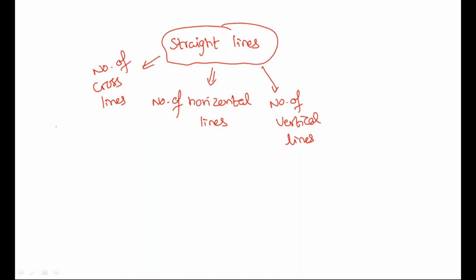Using this, you can find the number of straight lines for any diagram they give. Now let me go ahead with the diagrams we already discussed for triangles and all, and use them to count the number of straight lines as well.